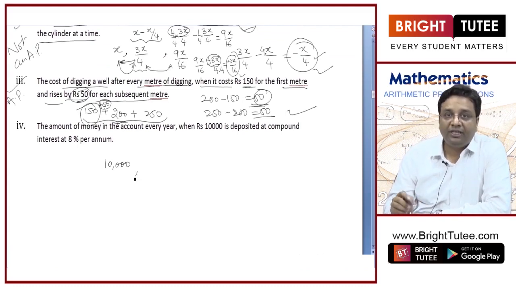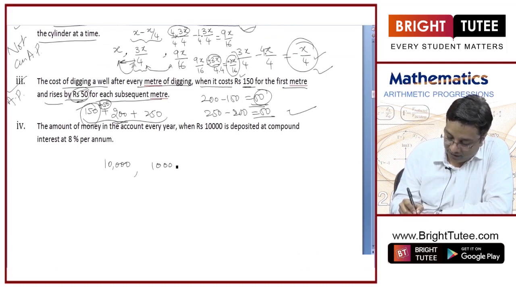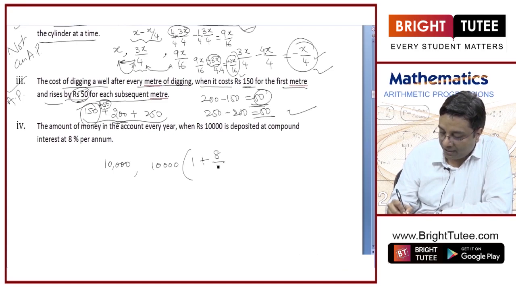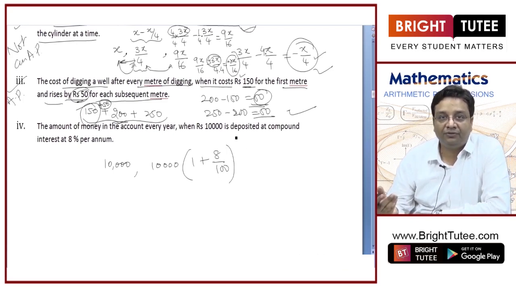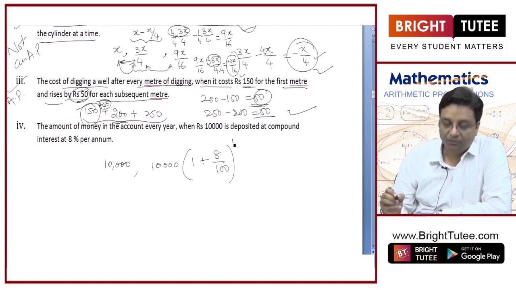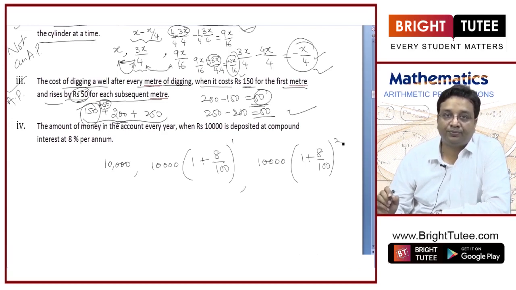So what will be the amount at the end of first year? It will be equal to 10,000 into 1 plus rate of interest by 100 raised to power time. Now the time is 1 year, so it will be raised to 1. At the end of second year, what will be the amount? 10,000, 1 plus 8 by 100 raised to power 2.